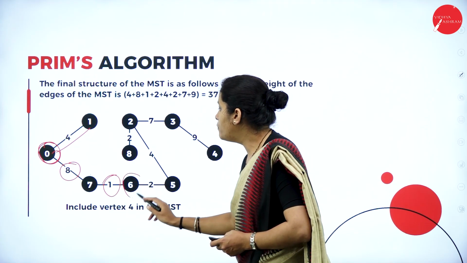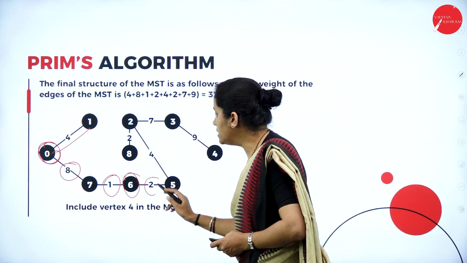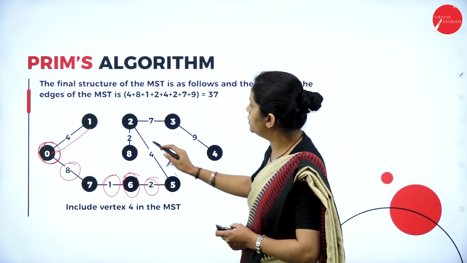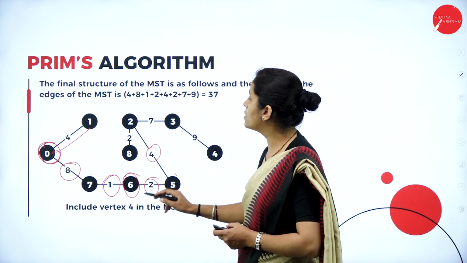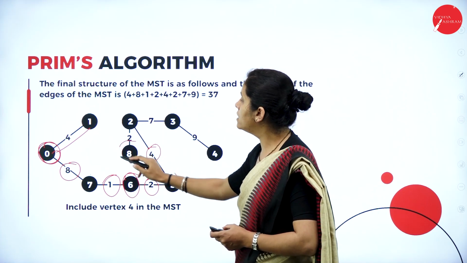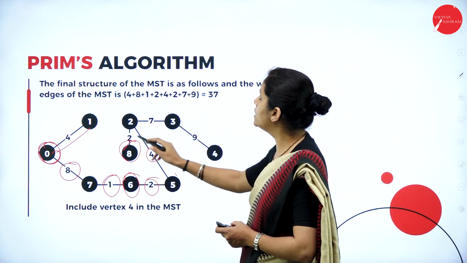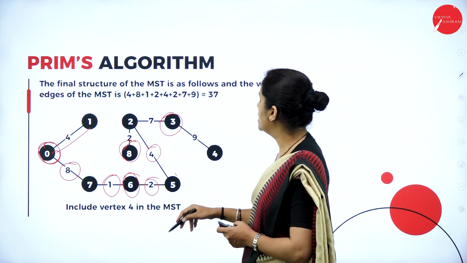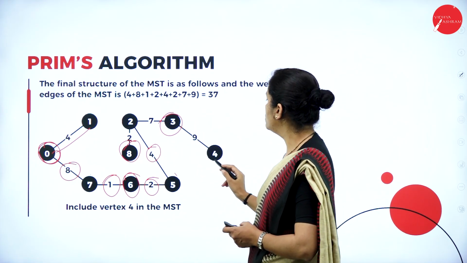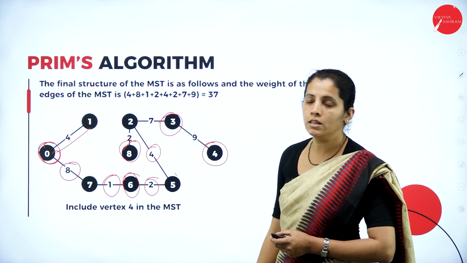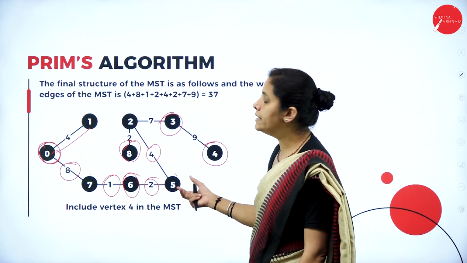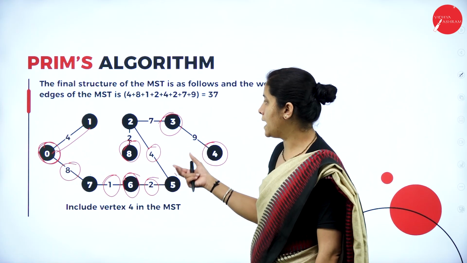Now 4 to 5, the weight is 2. From 5 to 6, the weight is 4. And 2 to 8, the weight is 2. And 2 to 3, the weight is 7. And from 3 to 4, the weight is 9. And this is a minimum spanning tree.